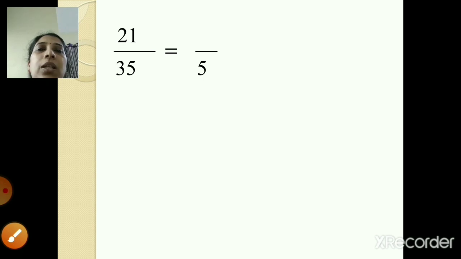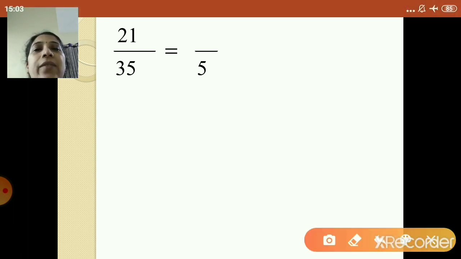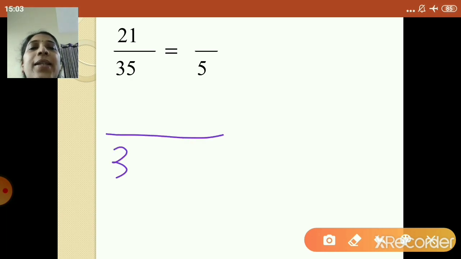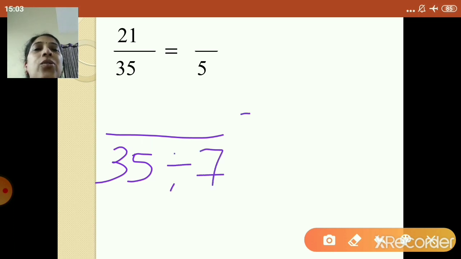Let's move to the next one. 21 upon 35 is equal to dash upon 5. Now again you will divide 35 by 5. So what answer you get? 7. So what will you do? You will write 35 divided by 7. So you get the answer as 5.